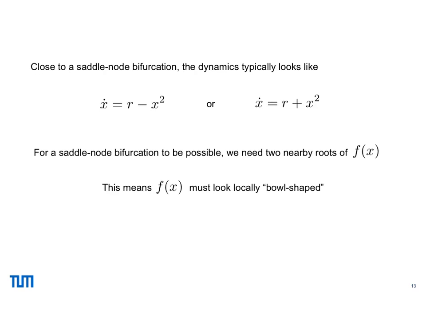Okay, so this is just to tell you the two typical functions of the saddle node bifurcation. In one case you have a convex function, in the other case you have a concave function, and they just go up and down with respect to r.